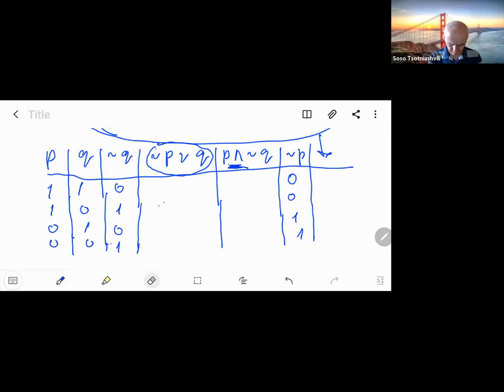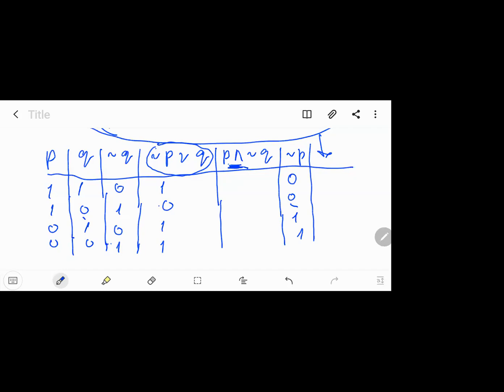Now not P or Q. Here we have only the second false, and the others are true. Is it correct now? Look very critically. I like very much when you disagree with me. Yeah, it's true. Okay.